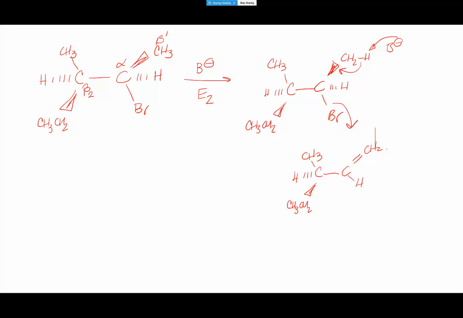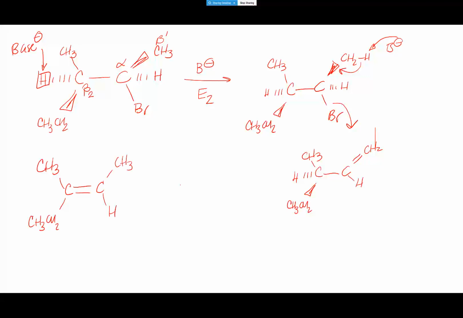So that's one product, but that's not the most interesting product. The most interesting product is when my base comes in and removes this beta hydrogen, and I do my E2 reaction. I'm going to get two possible products, because now I'm going to form the double bond between that beta carbon and the alpha carbon.